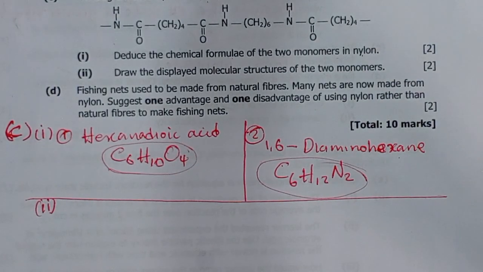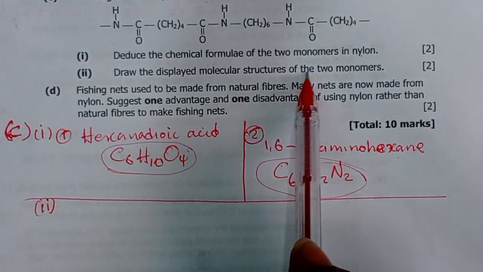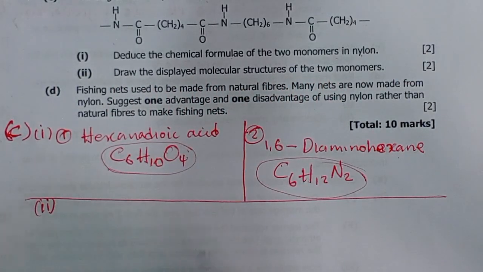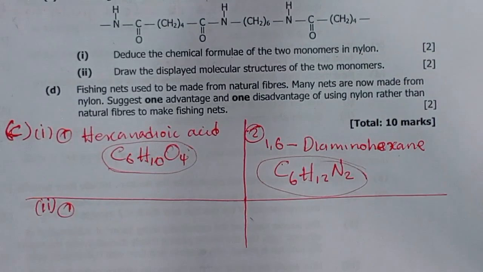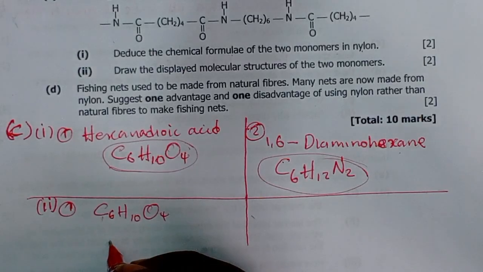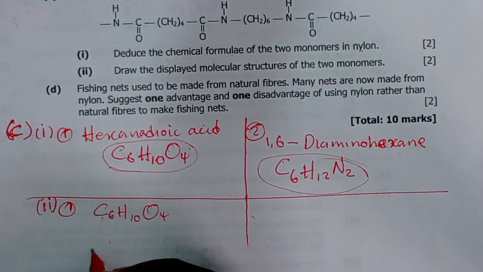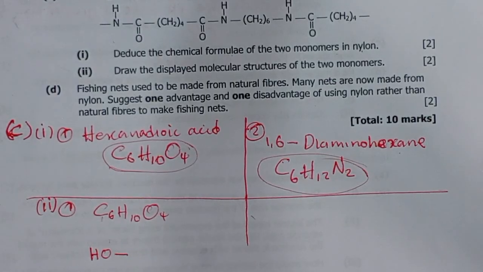C2, draw the displayed molecular structures of the two monomers. Let's start with number 1, hexanedioic acid. Remember that this is an acid, and you should know the functional group of an acid.